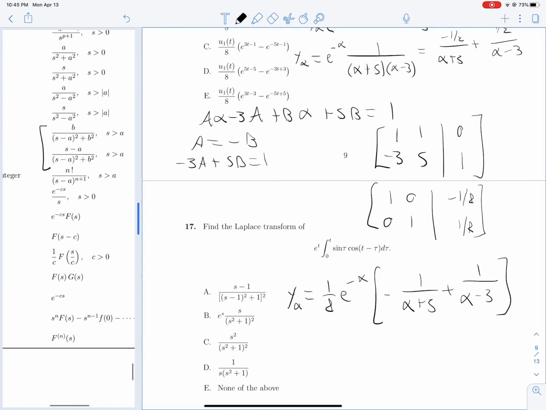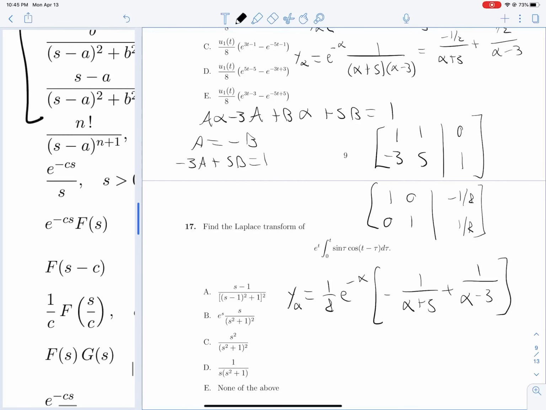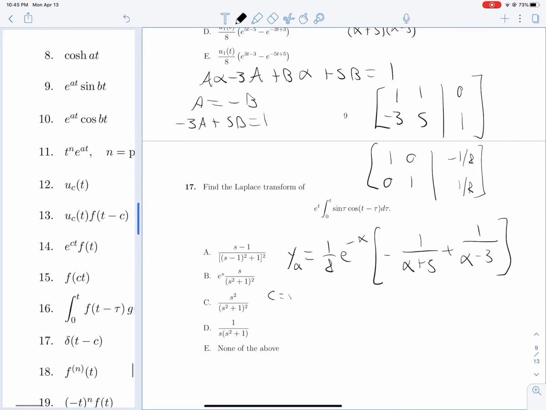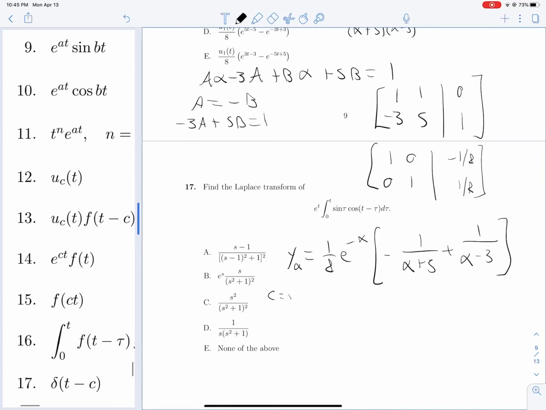We know that for e to the negative cs, in our case c equal to 1, the inverse Laplace transform is the normal inverse Laplace transform of everything multiplied by e to the negative cs, but we replace all of our t's with t minus that c value, and then everything is multiplied outside by uc of t.